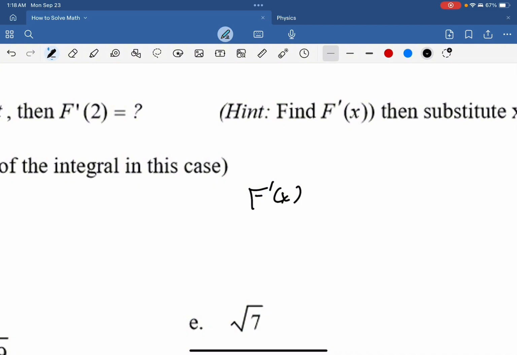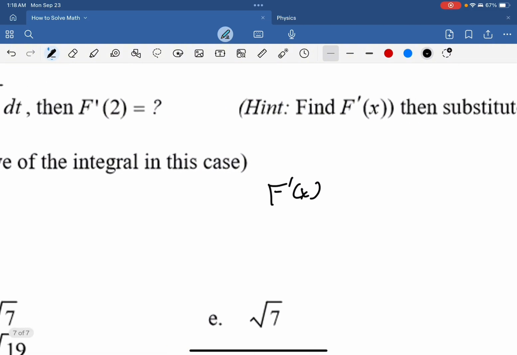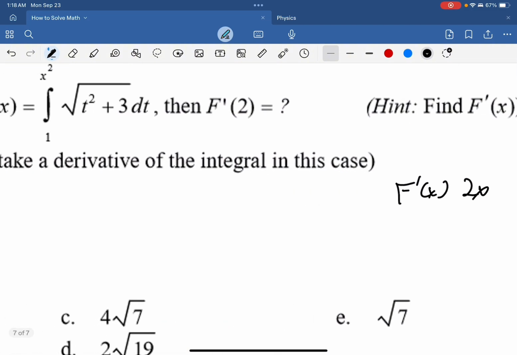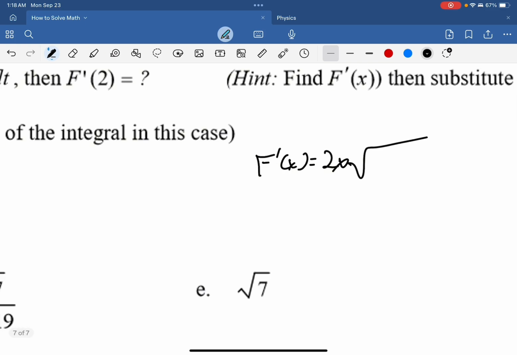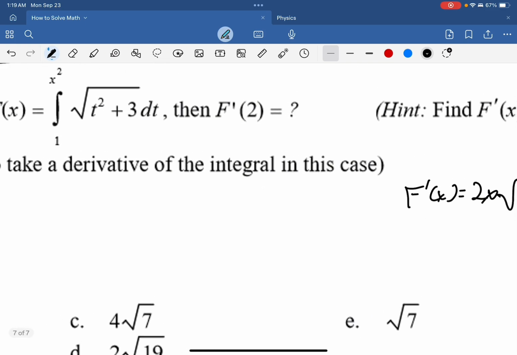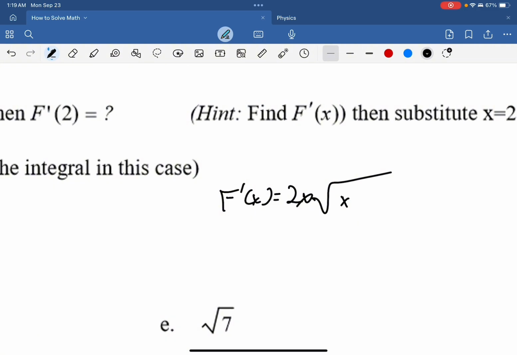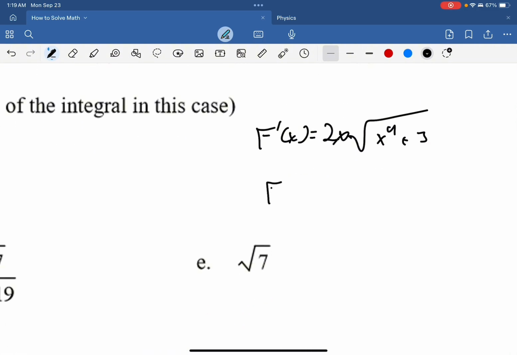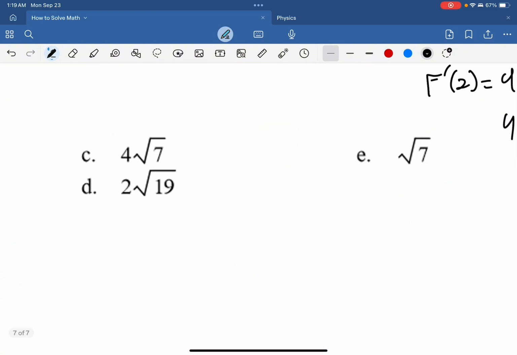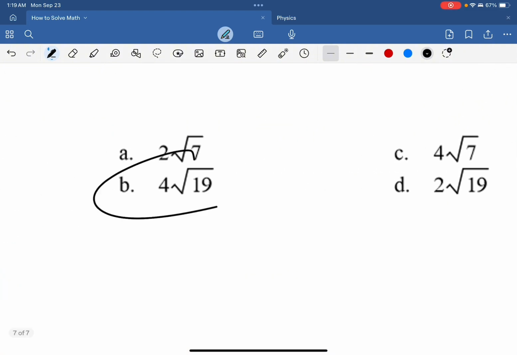So f prime of x is gonna be, and I'm just gonna put 2x in front, 2x times the square root of x squared squared, so x to the power of 4, plus 3. And then we gotta plug in 2 into that, which is gonna be 4 times 2 to the power of 4, that's gonna be 16 plus 3, 4 square root of 19, and that should be b.